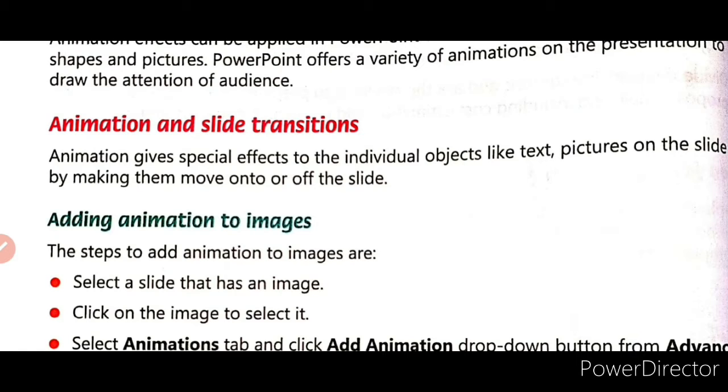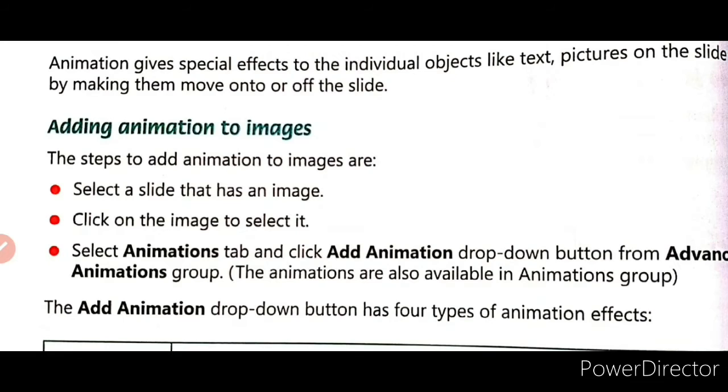Let's see how to add animation to images. The steps are: select a slide that has an image, click on the image to select it, select the animations tab and click the add animation drop down button from the advanced animations group. Animations are also available in the animations group.